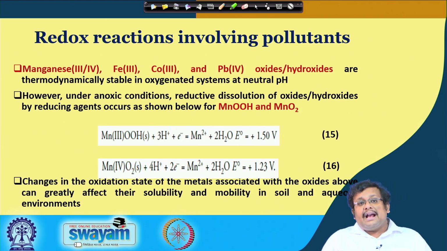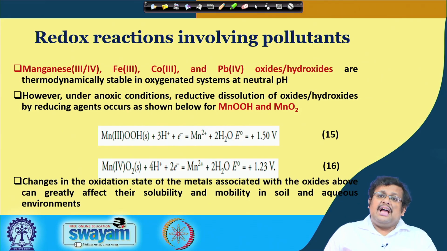However, under anoxic or submerged condition, when we submerge the soil with water, a new process called reductive dissolution of these oxides and hydroxides occurs, and this happens through some agents, which could be inorganic or organic.